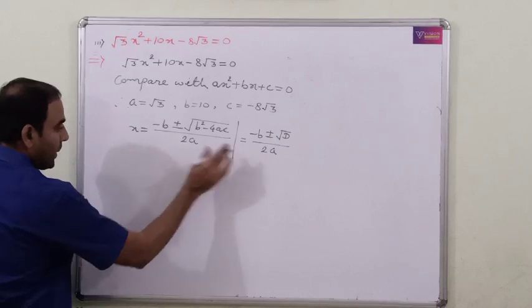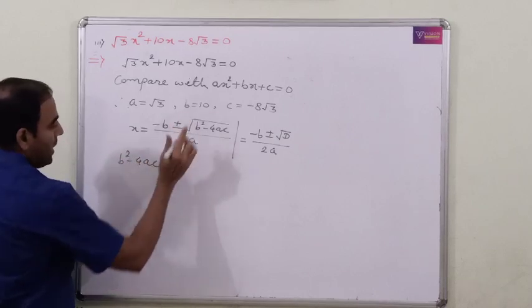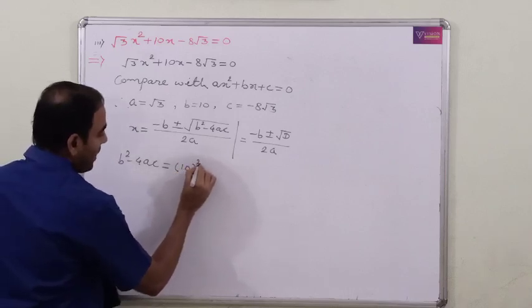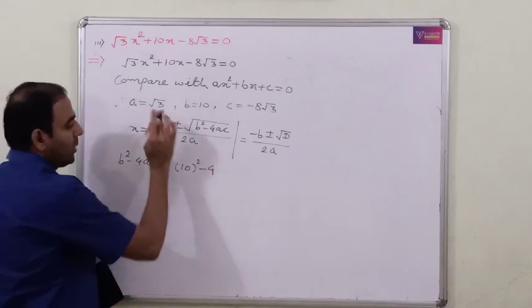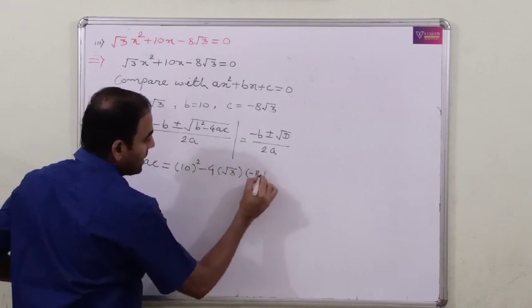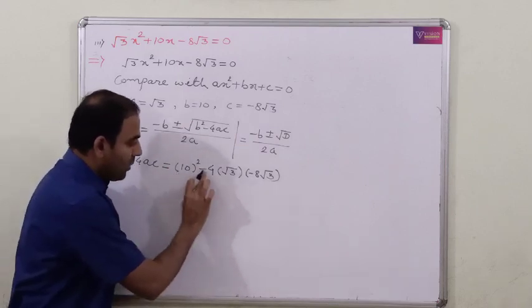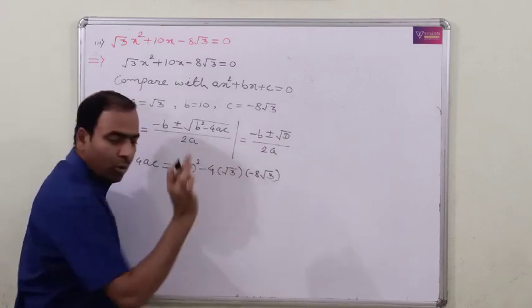So we are taking first of all the value of discriminant, that is b square minus 4ac. b यानी कि 10, 10 स्क्वायर माइनस 4, a का वैल्यू क्या है √3 इंटू b as a minus c as a minus 8 √3, b square minus 4 into a into c.